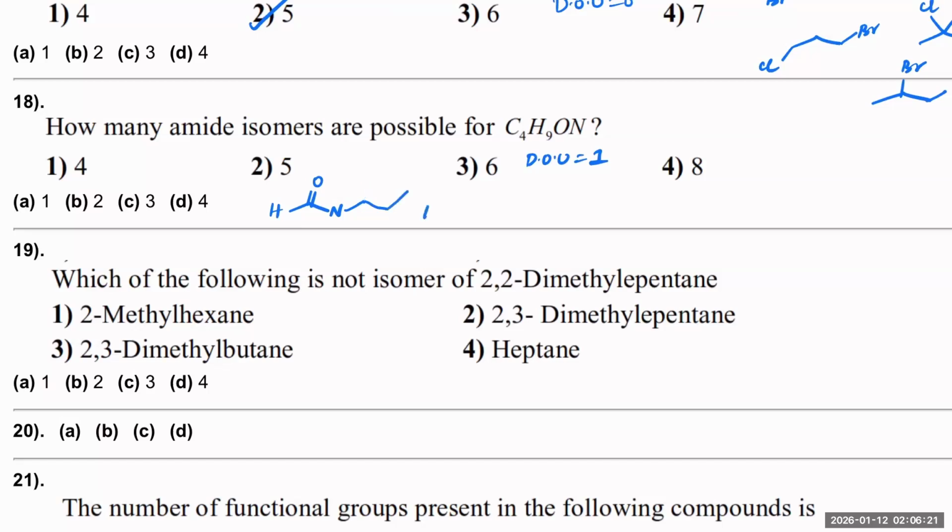Then I can keep it as N with isopropyl form, and then I can have N with one methyl here and then ethyl here like this. This is the form I can keep it. Okay. And another form I can keep it here is double bond O, N with three methyls. Sorry, you cannot have three methyls, only two connections we can have.